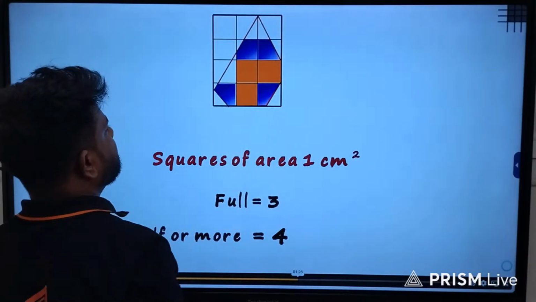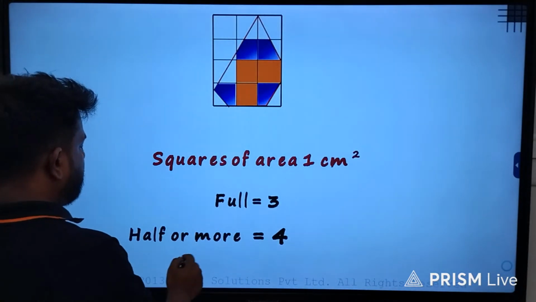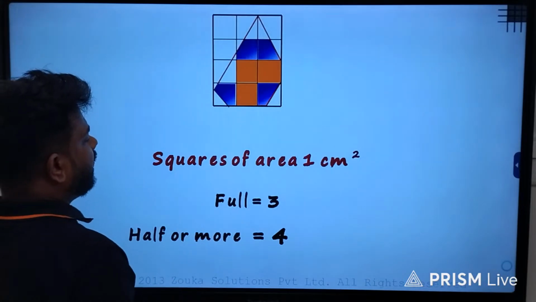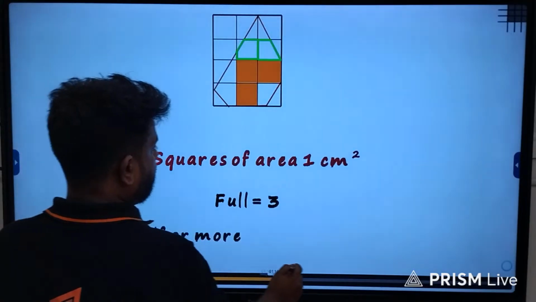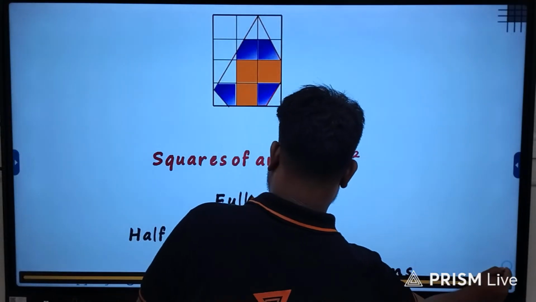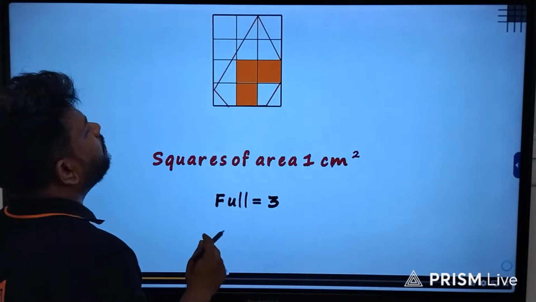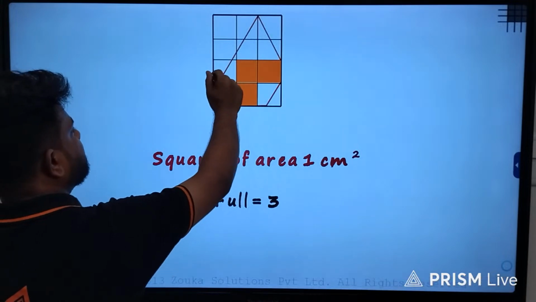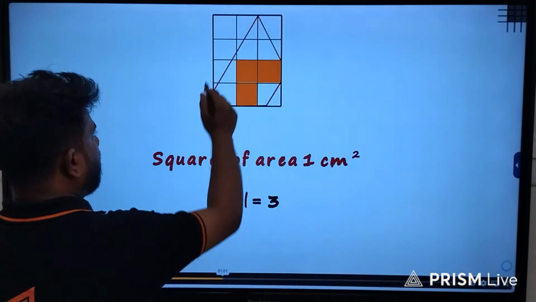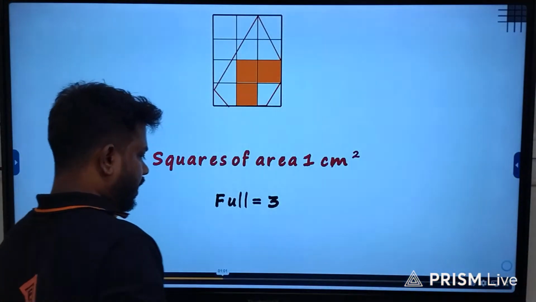So 1, 2, 3, 4, 5 and the 3 will be the area, and the perimeter will be the sum of the lengths. Okay, for this case it will be 7 for the whole figure. Okay, the next.